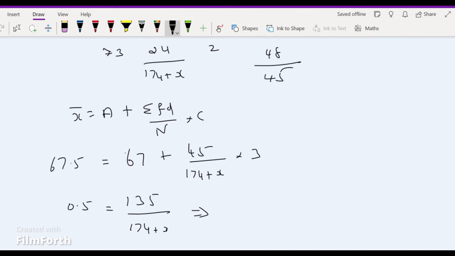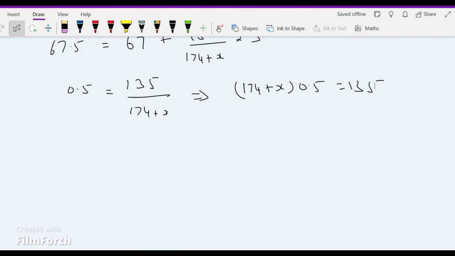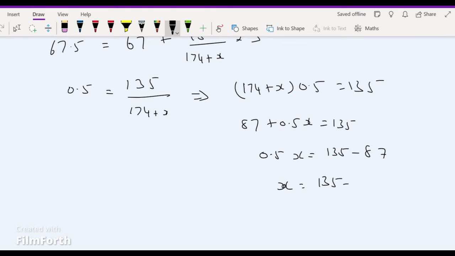Just cross multiply: 0.5 into 174 is 87, plus 0.5x equal to 135. So 0.5 into x equal to 135 minus 87.